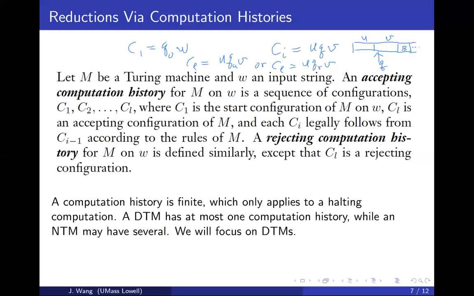Because we know that a non-deterministic Turing machine's computation from an initial state q0 W is like a tree. Some of these accept, some of these reject. So we would have a number of computation histories.